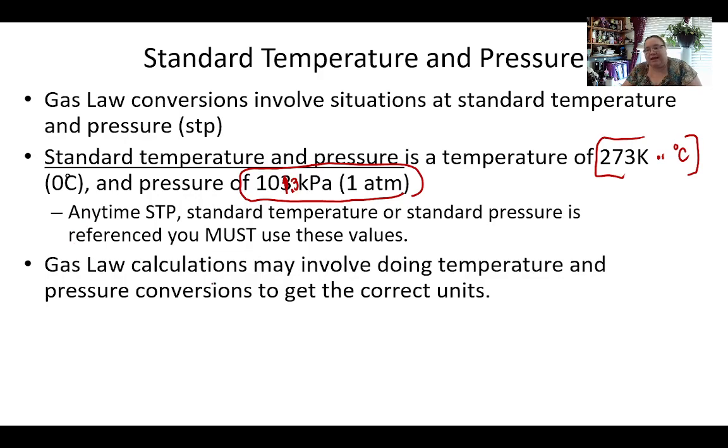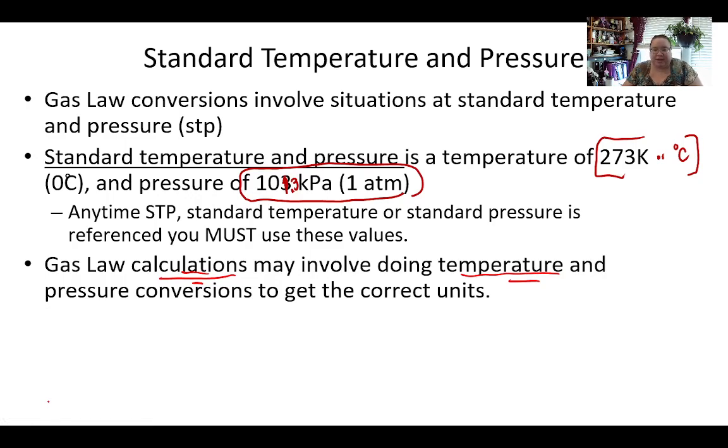When we're looking at gas law calculations, you absolutely positively must make certain your temperature is in the right unit. So if the temperature is not in the correct unit, you're going to have to do a conversion. Same thing with the pressure, but we're less likely to see that, at least definitely this semester. But you will see me giving you the temperatures in Celsius, and you are expected to convert it to Kelvin.